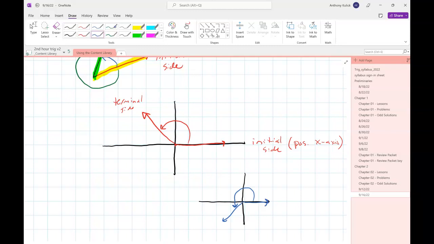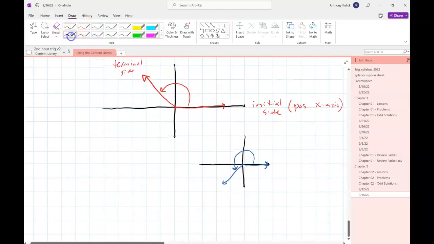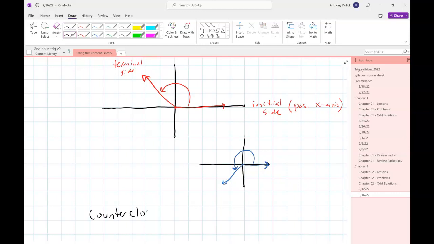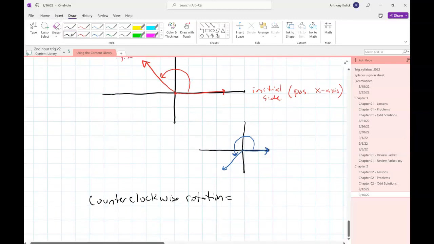Now notice in both of these drawings, I drew my angles counterclockwise. Why couldn't I have drawn them clockwise?